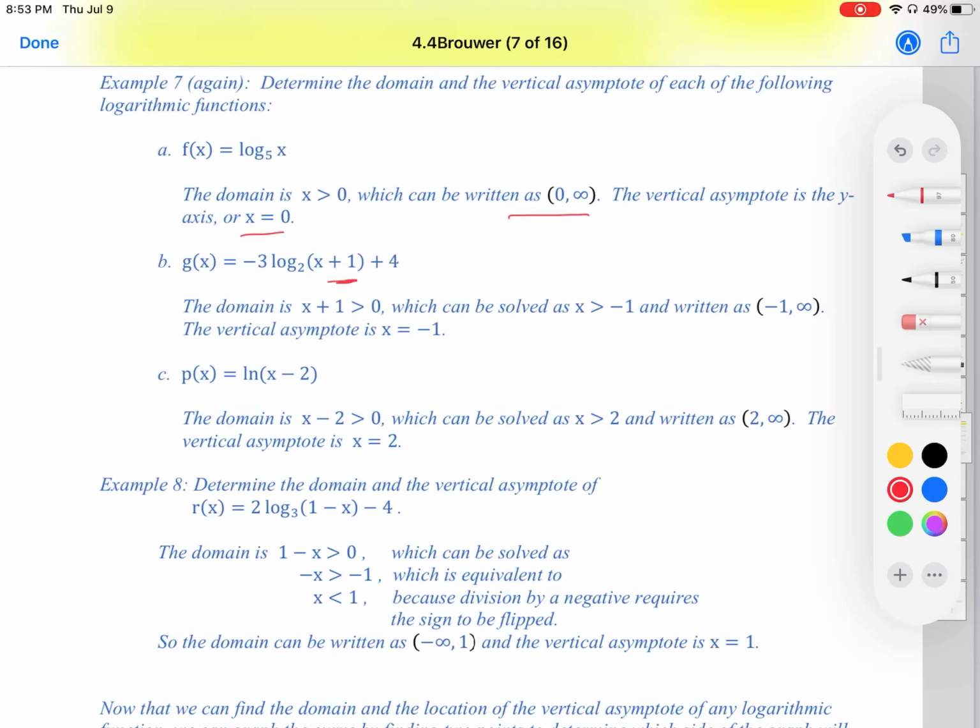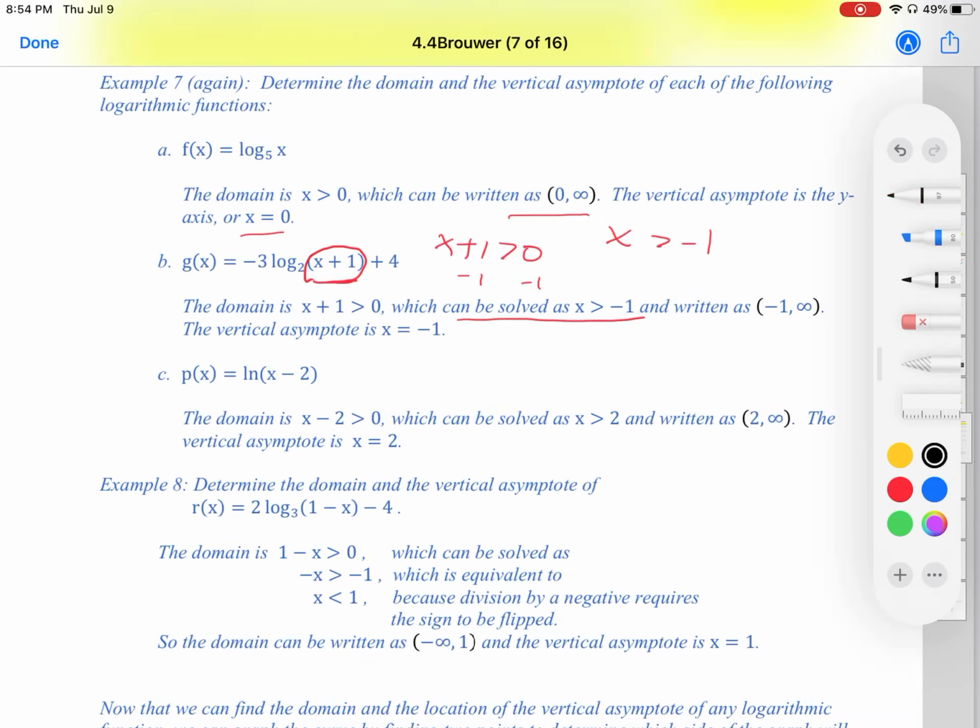Here we need to solve our parentheses. So x plus 1 needs to be greater than 0. Subtract 1 from both sides, and I have x is greater than negative 1. And so therefore, our domain is from negative 1 to infinity.